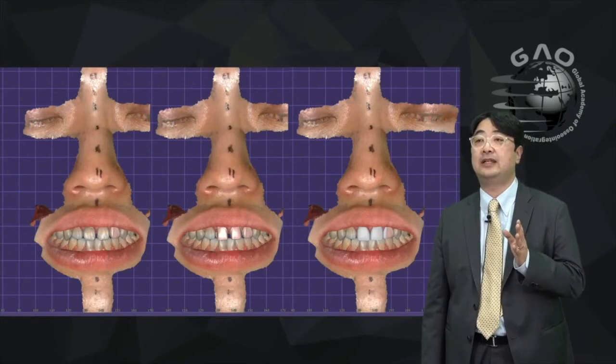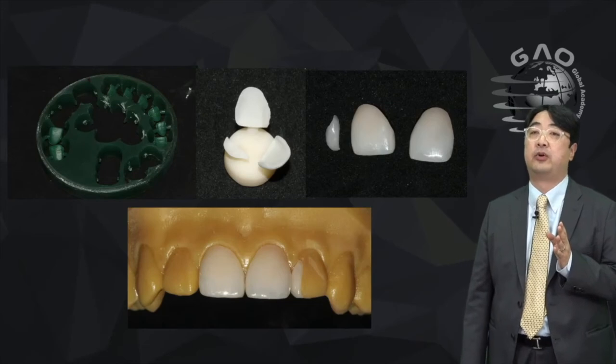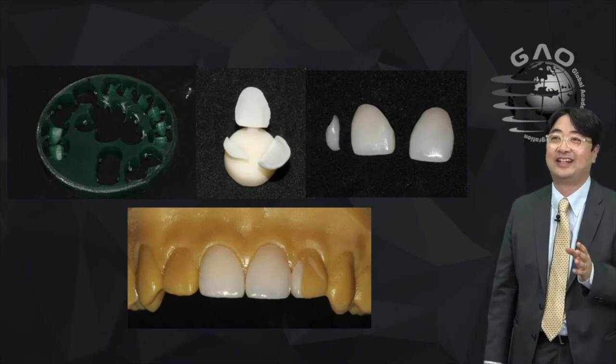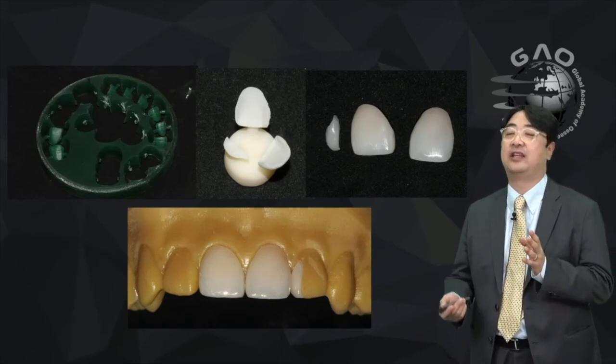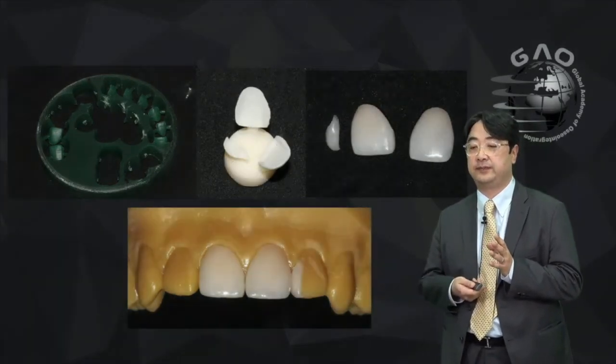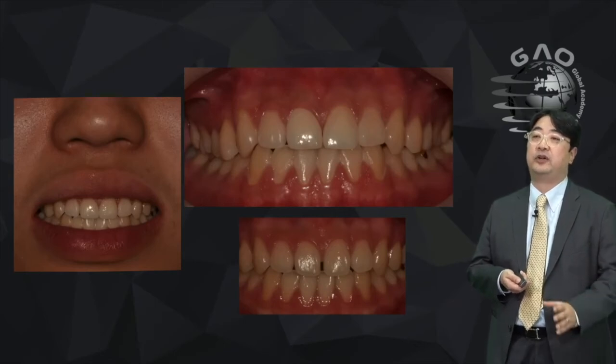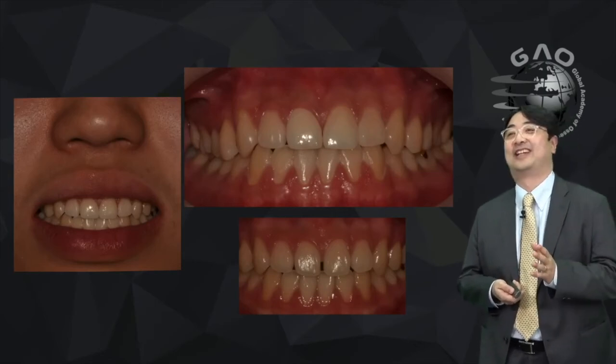Yeah, I did the same. I asked my lab technician not to print, but to mill the wax, and we did the pressable ceramic for the final restoration. I tried it in, and I cemented. So if you divide the workflow, what is this?